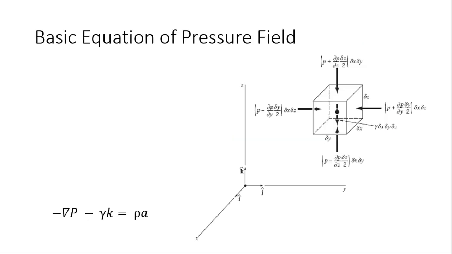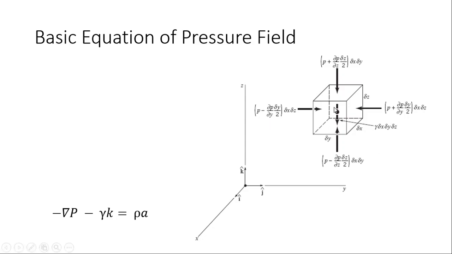Then we have another derivation, the basic equation of the pressure field. First I want to describe the figure. Let's suppose we have this point and the pressure here is P. Moving along the y-axis, the change in pressure is denoted by dou P by dou y.